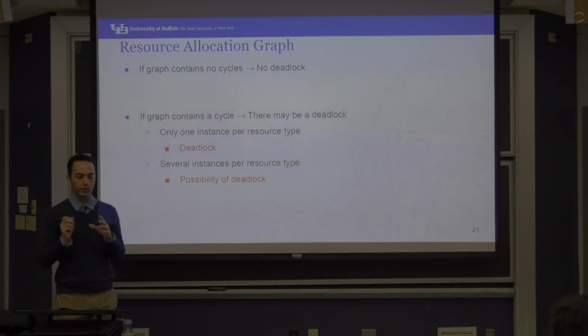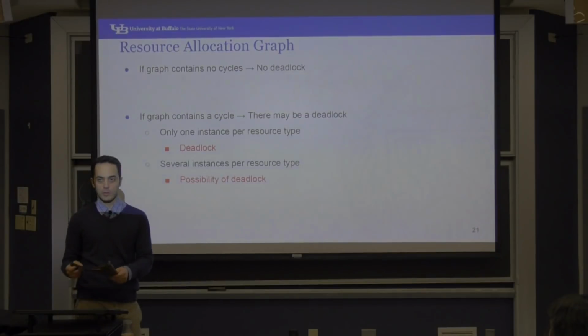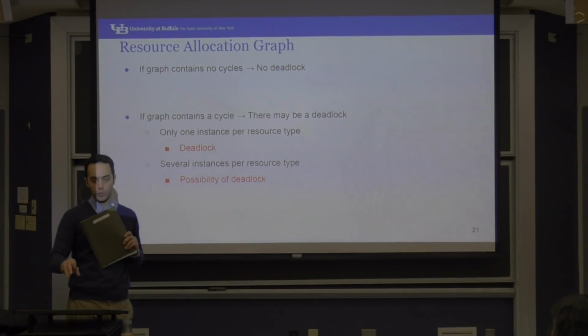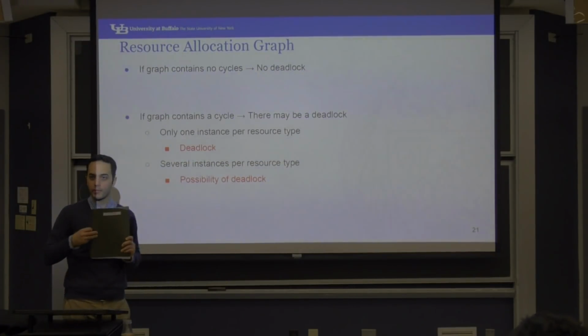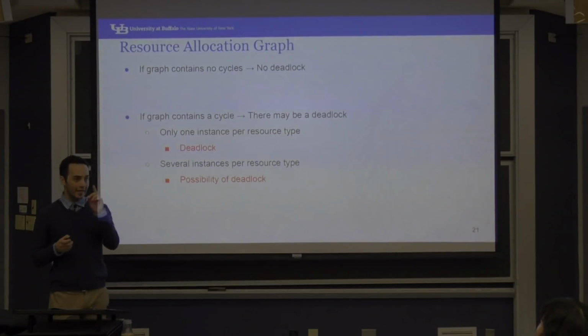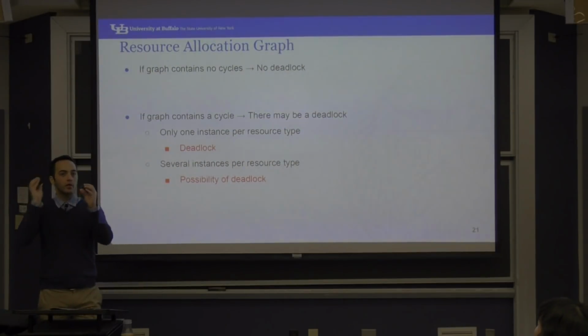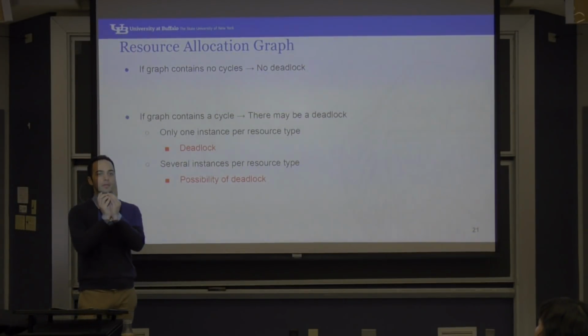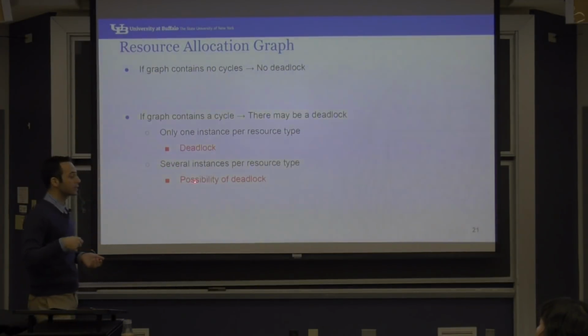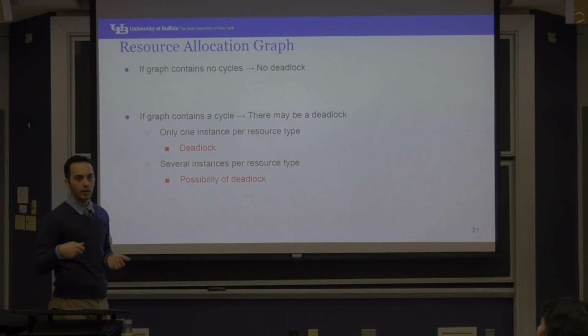When you think of a physical resource, it's like, okay, this one is held by me, so it's not there anymore. So whoever wants it has to wait for me, right? So this is very important. If there is one instance, waiting for that resource means waiting for the process holding that instance. There's no other way. But if there are multiple instances of a resource, that doesn't necessarily mean a deadlock, right?